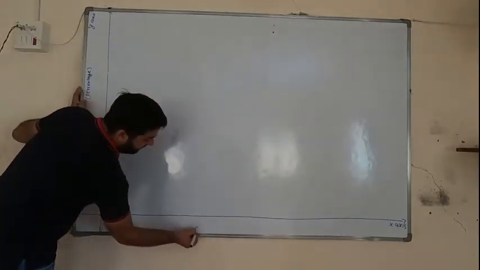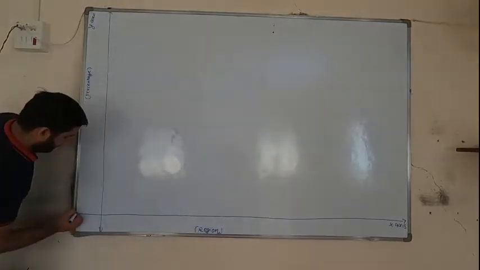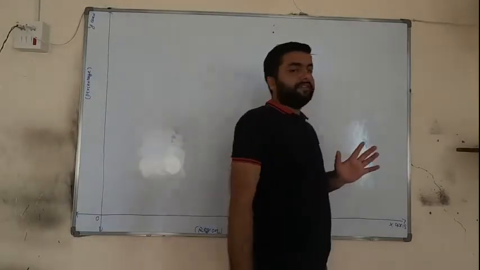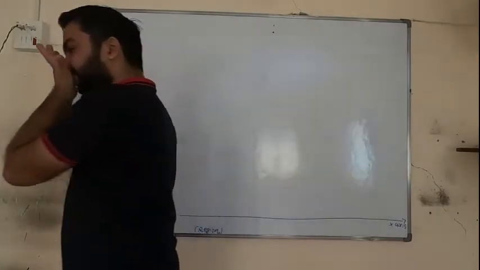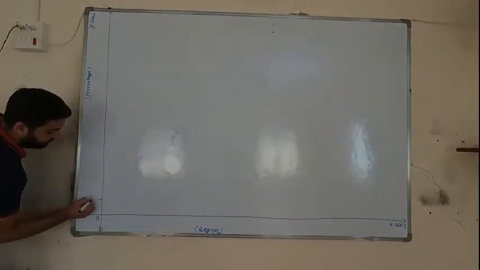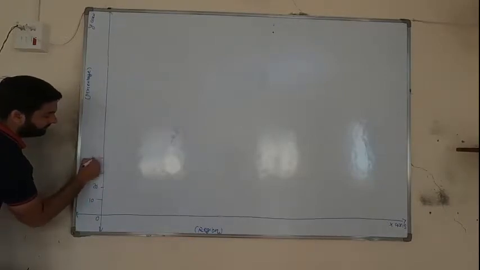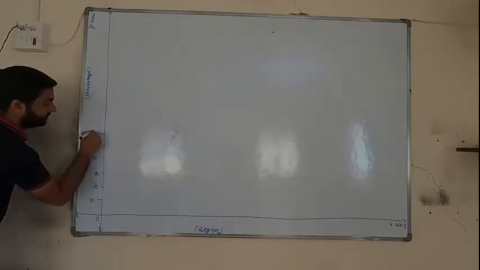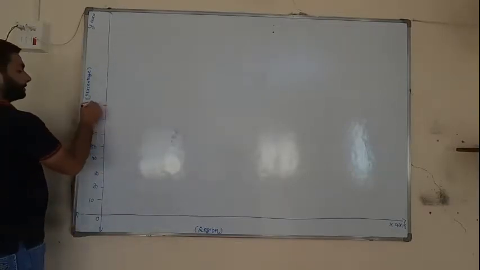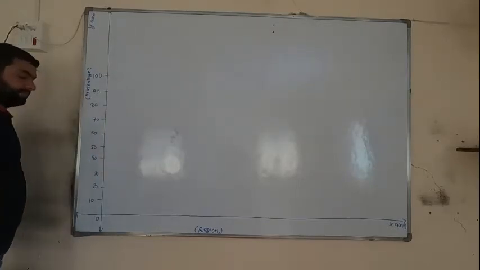On x-axis we will have region. Now whenever you need to draw percentage divided bar diagram, always keep 10-10 difference. Ten, 20, 30, 40, 50, 60, 70, 80, 90, 100.